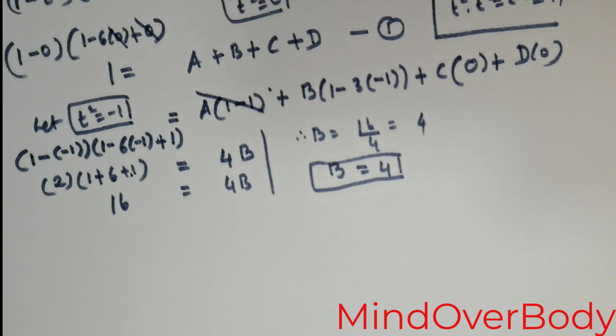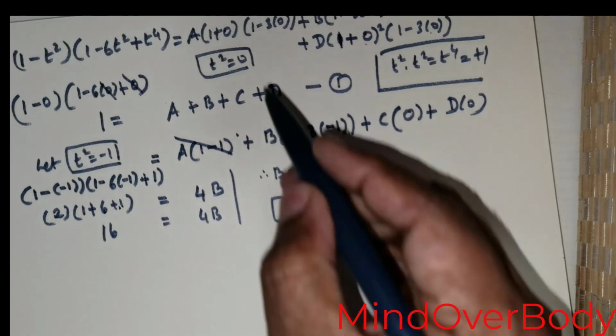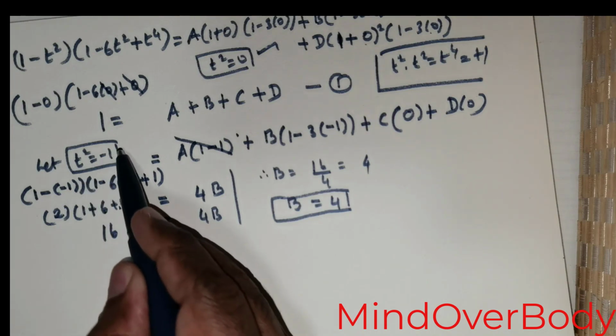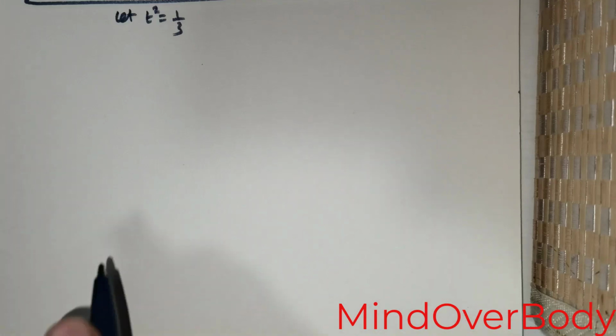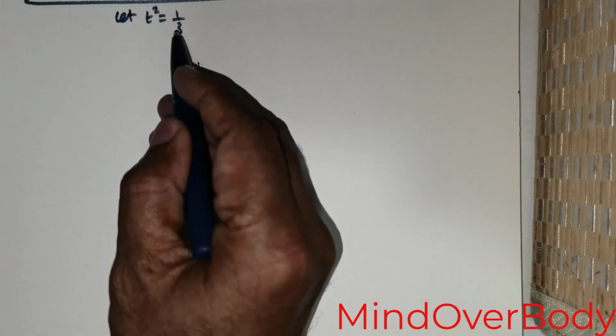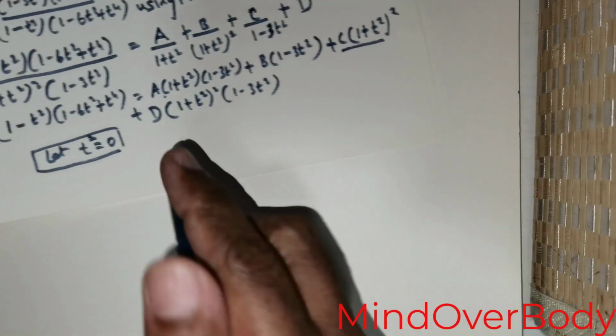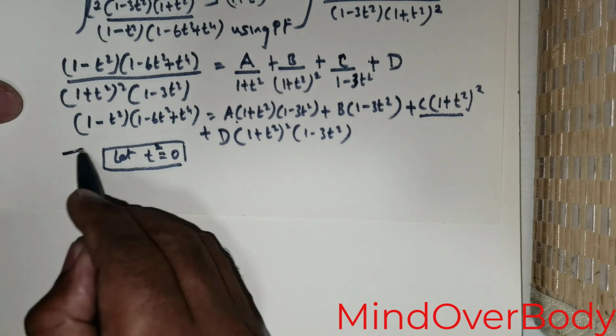Now what we need to do, we have already substituted t squared is equal to 0 and t squared is equal to negative 1. Now we need to take t squared is equal to 1 over 3 and substitute it in this equation which we have got.